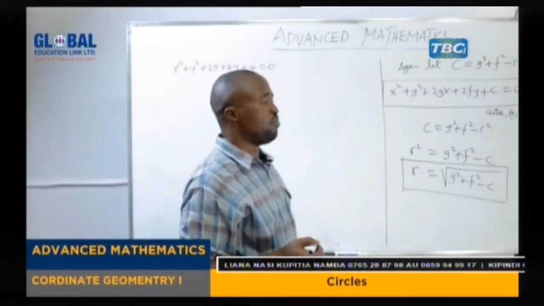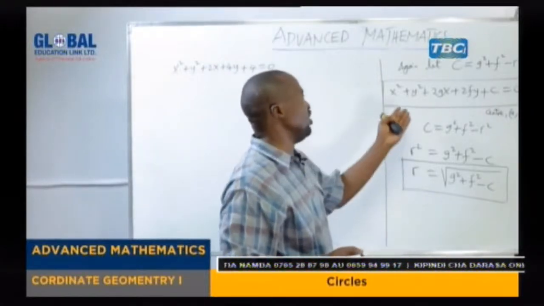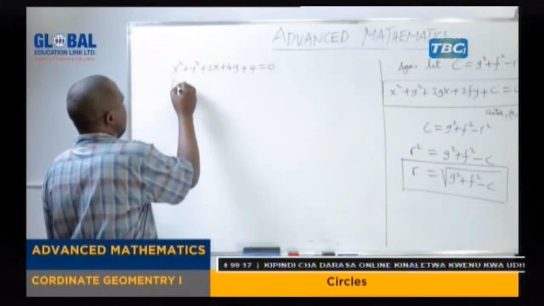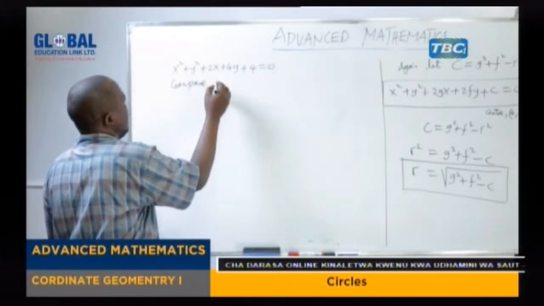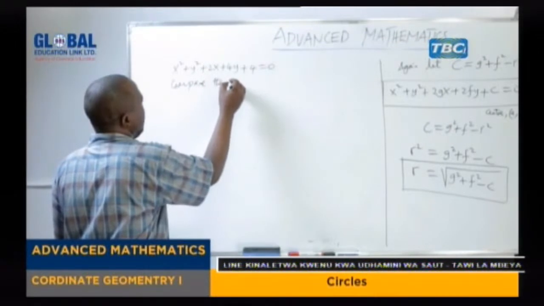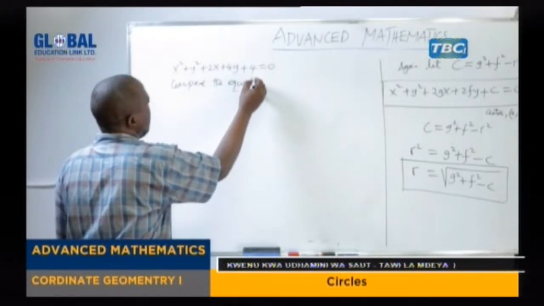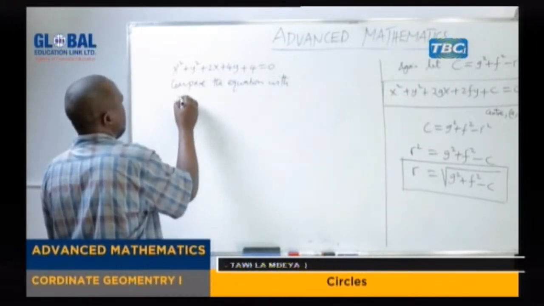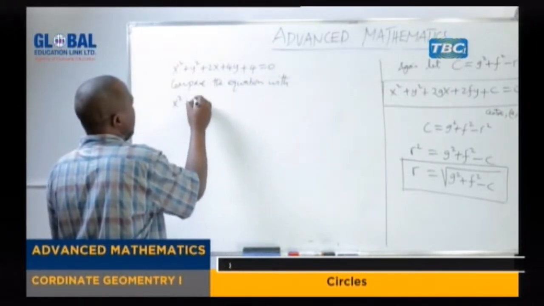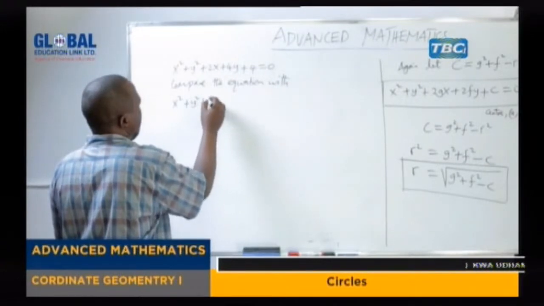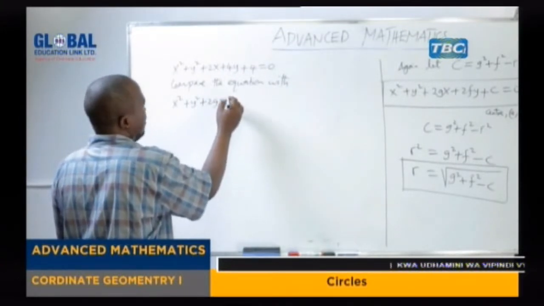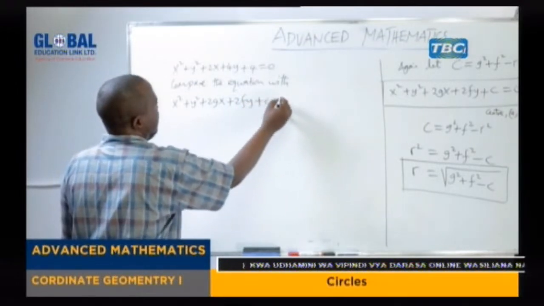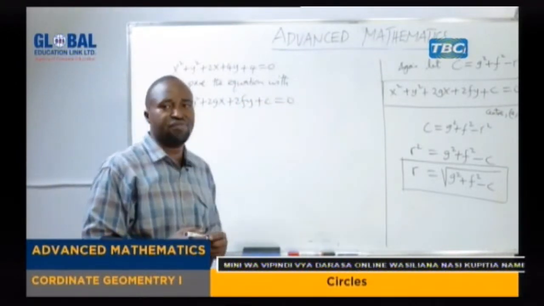So we can compare the given equation with our general equation, x squared plus y squared plus 2gx plus 2fy plus c is equal to 0.